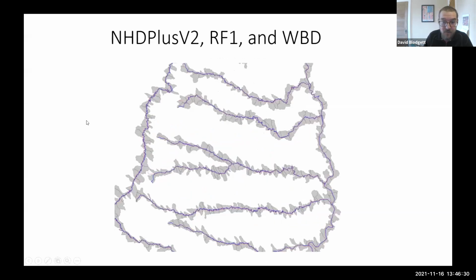We can do the same thing with other networks. So we've done the same thing with the old RF1, the River Reach File number 1, which almost predates digital representation of rivers, where we can conflate NHDPlus version 2, RF1, and Watershed Boundary Dataset hydrologic units into these paths that join headwater to outlet, mainstem to mainstem.